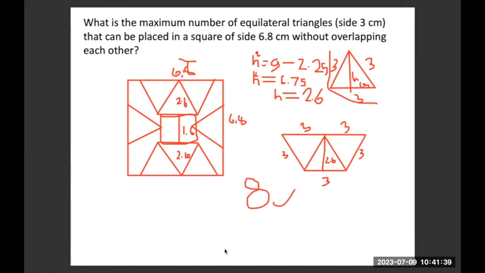So what Kashvi suggested is, I draw it with another color here. She placed the rhombus like this on all the 4 sides.